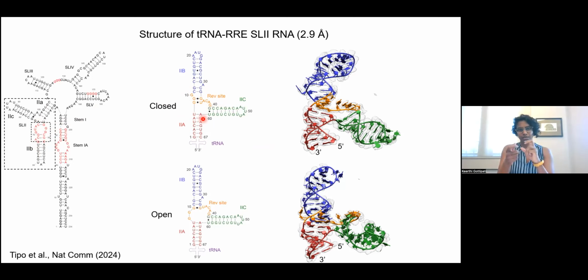And the way the GGG motif is stacking and interacting with each other determines whether the conformation is closed or open, which also changes the width of the major groove where Rev is supposed to bind. So again, I'm not going to belabor this because it's already published.